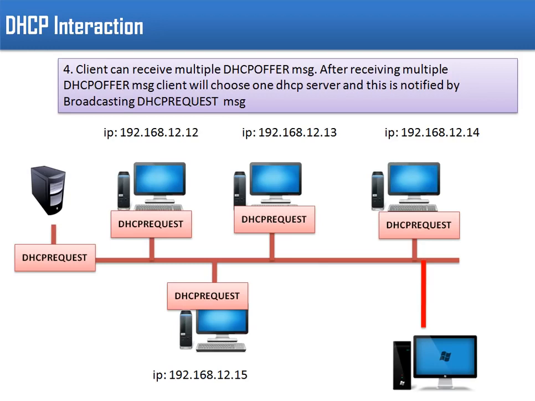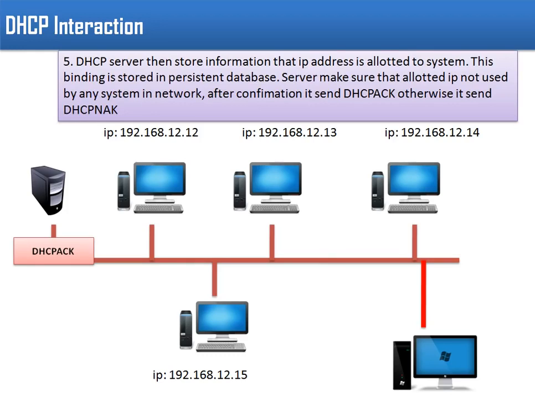In case that IP address is available, it will make an entry in its persistent data storage that this IP address now won't be available, and it will prepare a packet, DHCP ACK. This is an acknowledgement, and this packet will be sent to that machine confirming that the IP address offered to you is allotted to you.